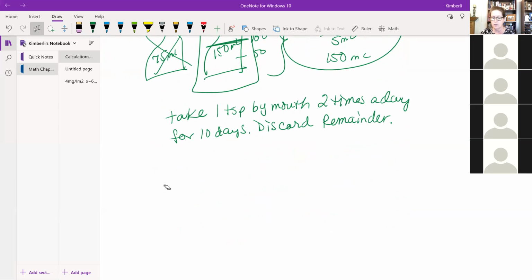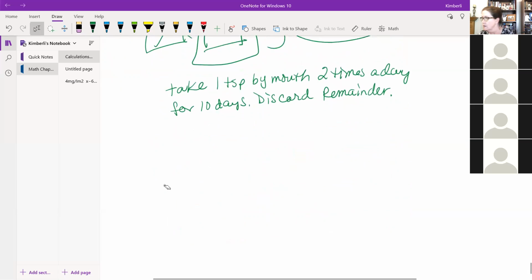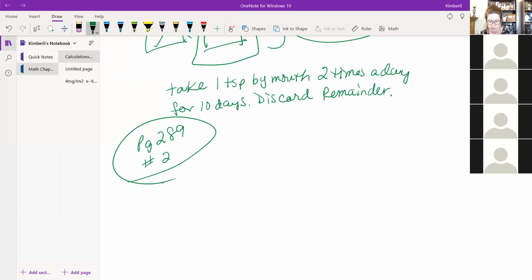All right, let's look at practice problems A on page 289. Let's look at number 2 because it has a lot of questions. I like these.